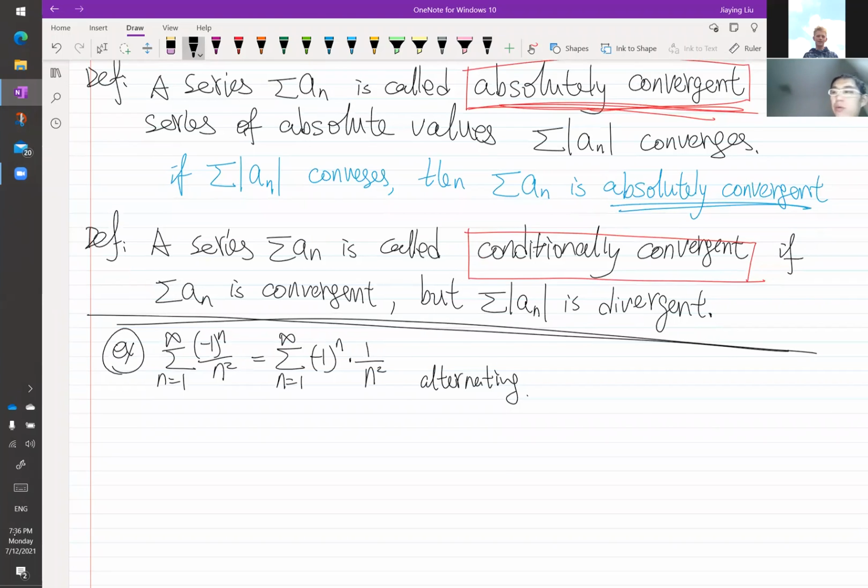So what I'm going to do is take this series given, doesn't matter which form, and find the absolute value of the formula inside.